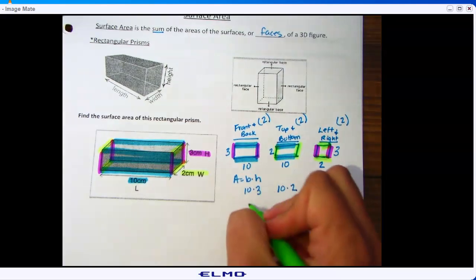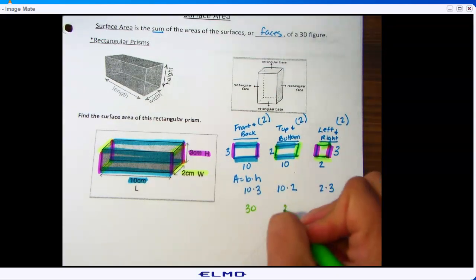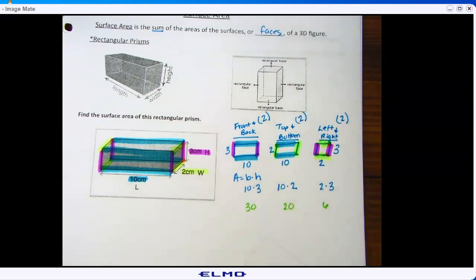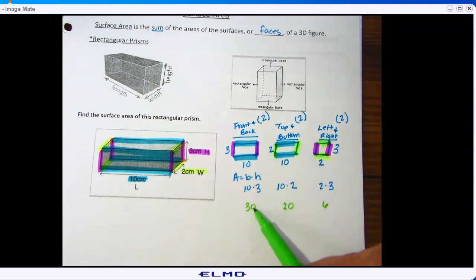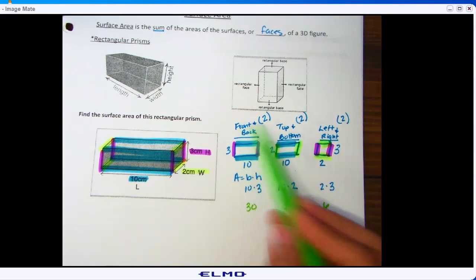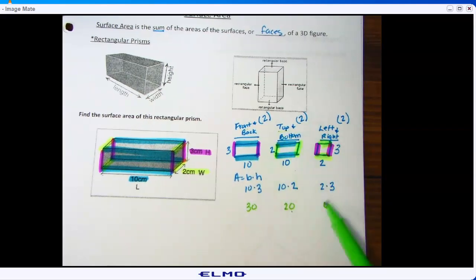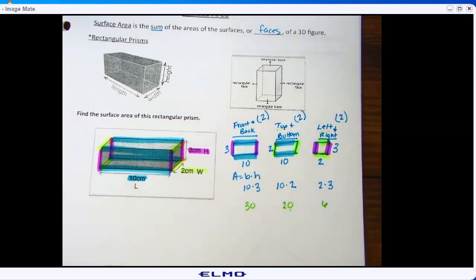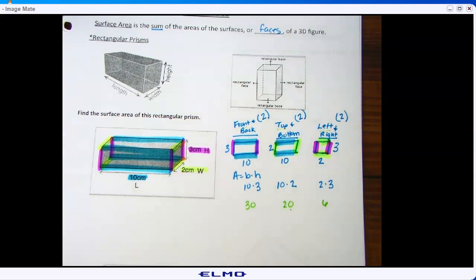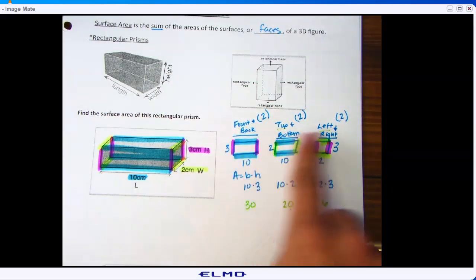And we know 10 times 3 is 30, 10 times 2 is 20, and 2 times 3 is 6. So technically this is just the area for the front, this would be the area for the top, and the area for the left. Now we need to figure out how to get the area of the other 3 sides, because we've got front, top, left, and now we need back, bottom, right.